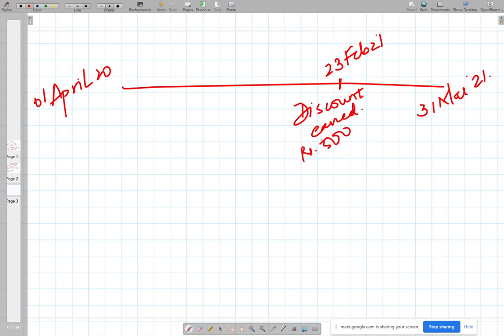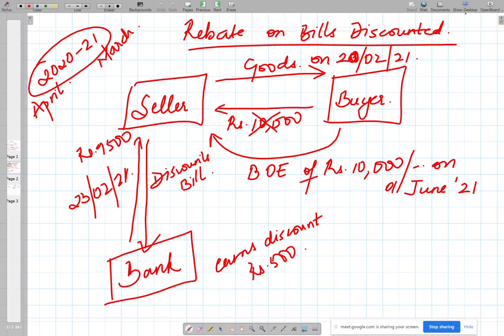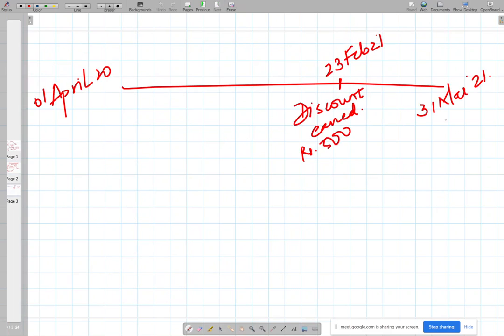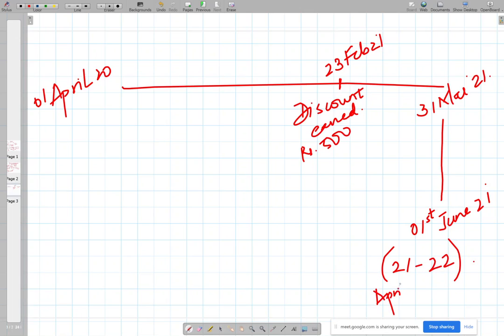Now, the bill is actually not maturing within the financial year. In our example, the bill of exchange is maturing on 1st of June 2021, a few months after 31st March, which belongs to the next financial year, 21-22, that starts in April.